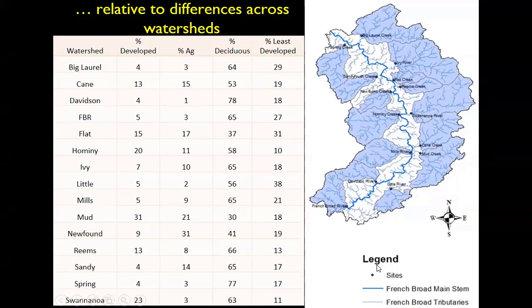I use that example to say that we can sample site to site and see how differences that have arisen over the last 50 years lead to changes in biotic integrity. But the real challenge now, I think, is to figure out how to find those more subtle differences and come up with management strategies that will maintain integrity moving forward in the face of these smaller scale habitat changes which are happening.